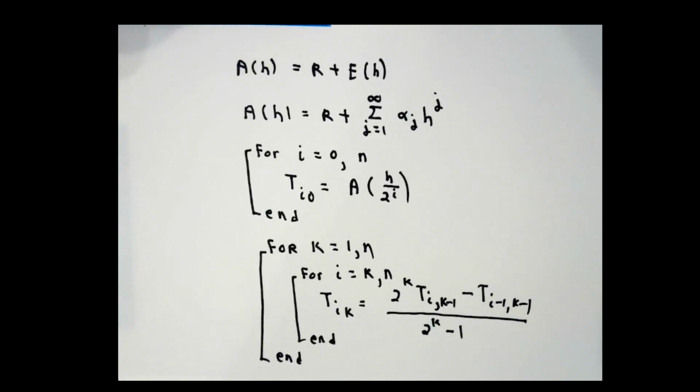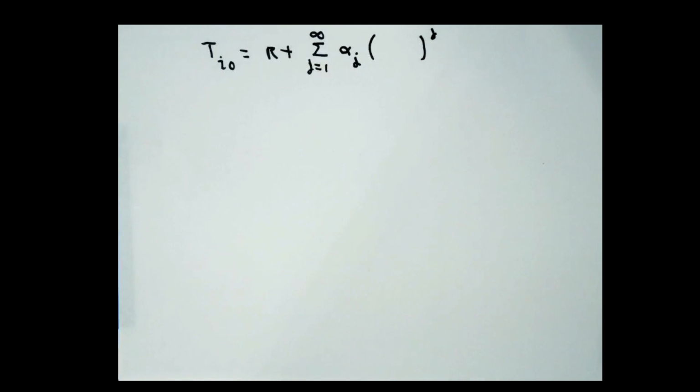What I'd like to do now is the same thing, except I want to look at the numbers that are in the Richardson's table instead of those sums like 1 plus 2 plus 3 plus 4. I want to look and see what the error term is going to look like in these approximations that are in column k equals 0.